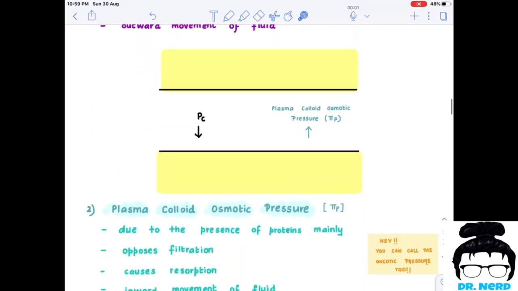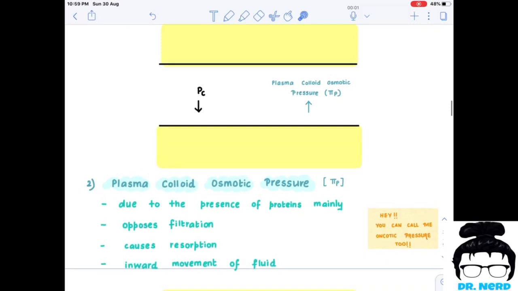The second pressure that is acting inside the capillary is the plasma colloid osmotic pressure. This plasma colloid osmotic pressure is due to the presence of proteins mainly. Basically, what are the proteins? Albumin, globulins. It is due to the presence of large proteins. Now you can see the direction for the plasma colloid osmotic pressure. It is in the opposite direction. So what does it do?